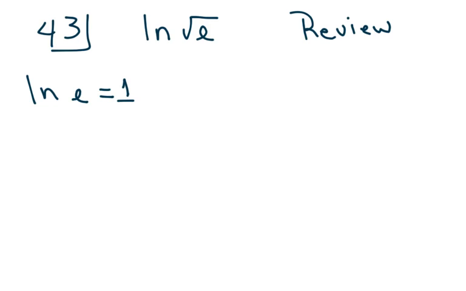We also went over some of the properties of logs on our handouts. So what I'm going to do is rewrite this as natural log of e to the 1/2. Again, changing the radical form. This is the radical way to write it. And this is the rational way to write it.